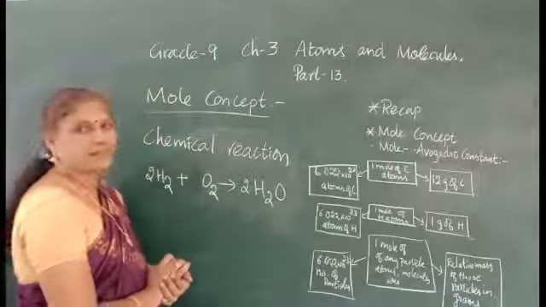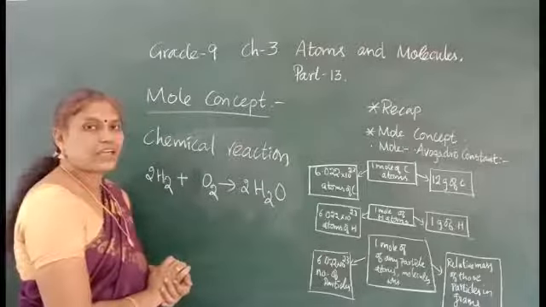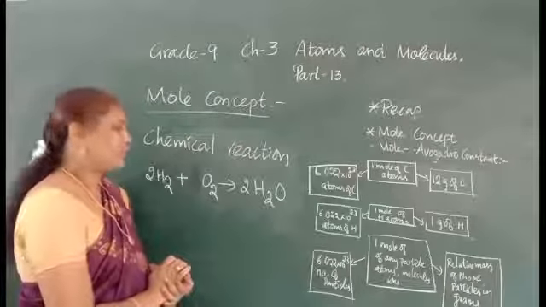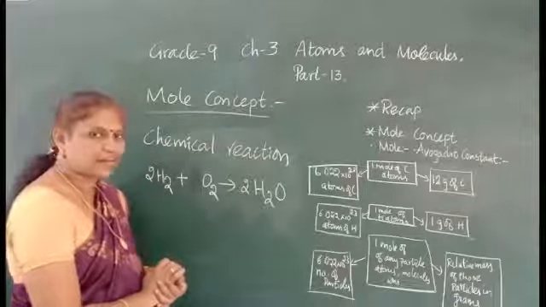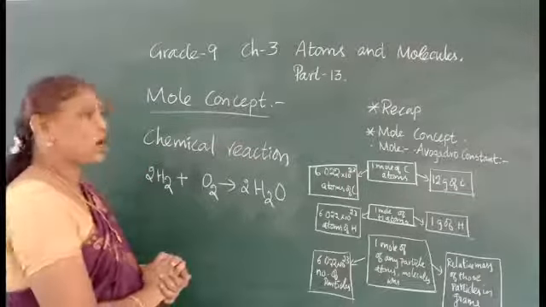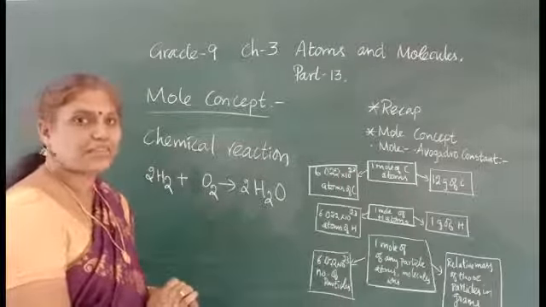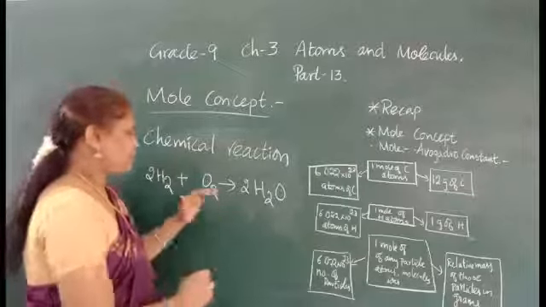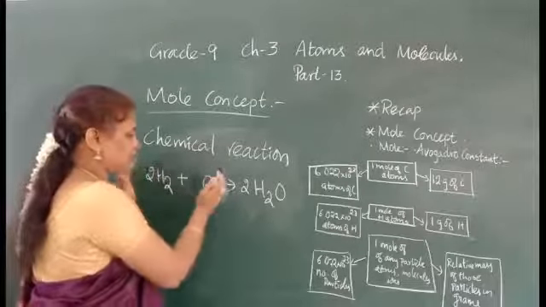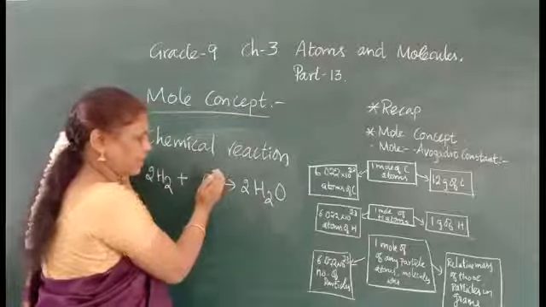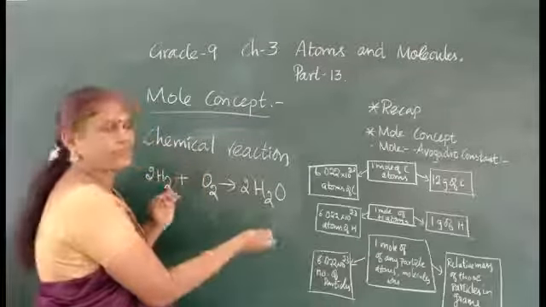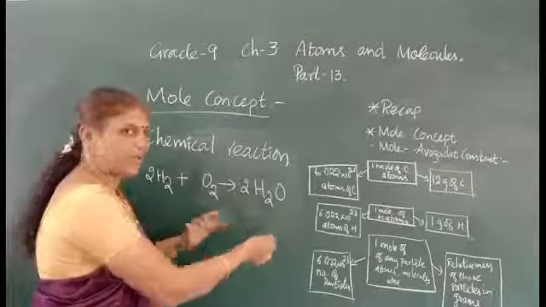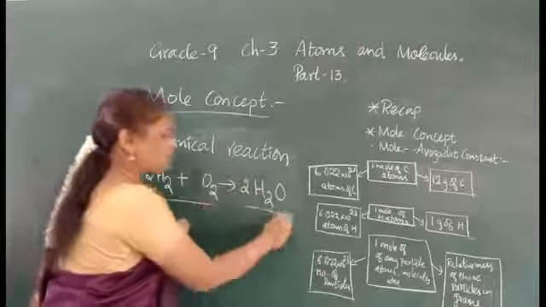Now, how many hydrogen atoms are there in the reactant side and in the product side? According to the law of conservation of mass, whatever we take in the reactant side, the same number of atoms will be present in the product. This is called reactant, what is reacting together, and this is called product.